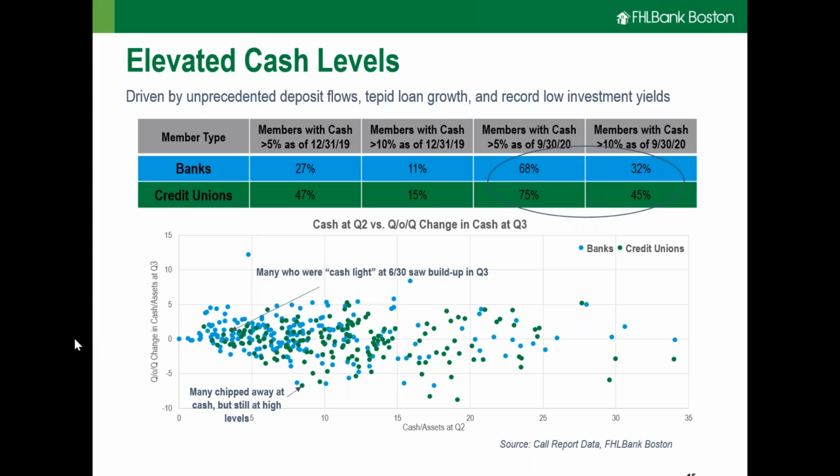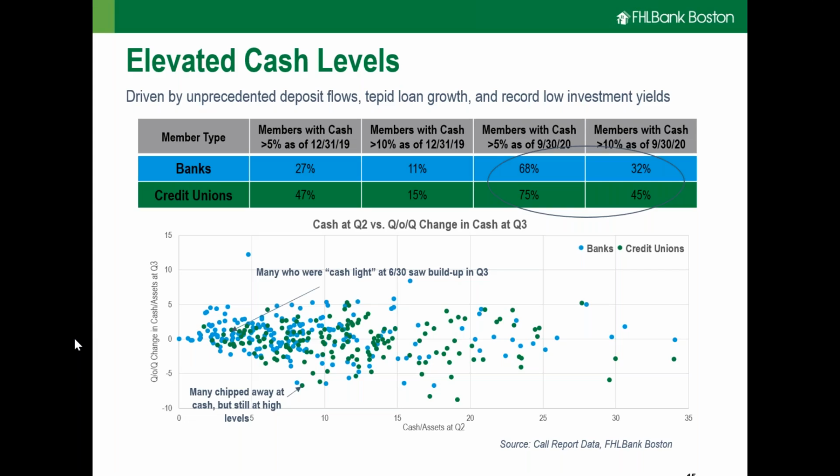What we're looking at here is the cash to assets ratio at the end of the second quarter on the x-axis, and on the y-axis is the quarter-over-quarter change by the time that we got to the end of quarter 3. So how effective were folks at spending down some of that elevated cash?